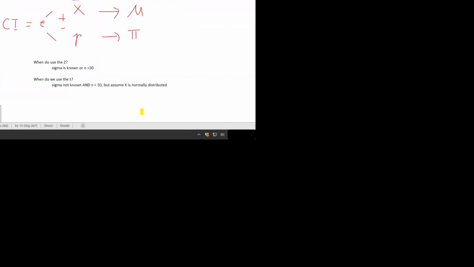All right, what do you think applies here? We know we are testing the mean, so going here, our choices are either the z or the t.